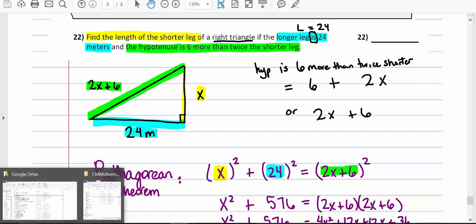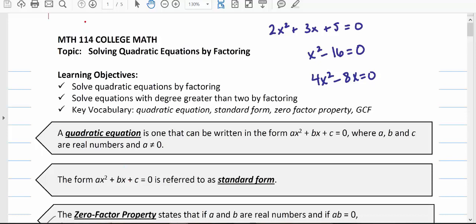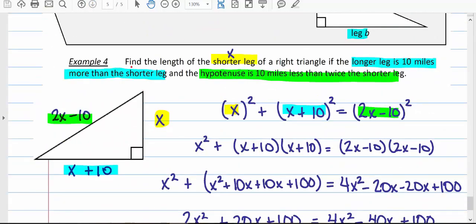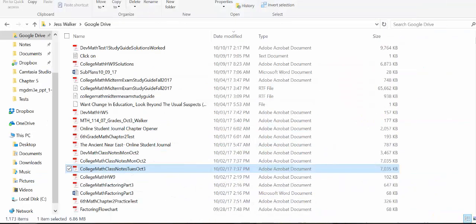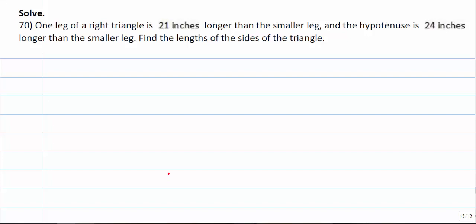And the very last problem in the last set of notes I sent is also like number 70. So you have two examples to help you figure out how to do number 70. Because the answer is in the back. And I believe the answer is like 15, 36, and 39. Meaning 15 is the shorter leg, 36 is the longer leg, and then 39 is the hypotenuse.